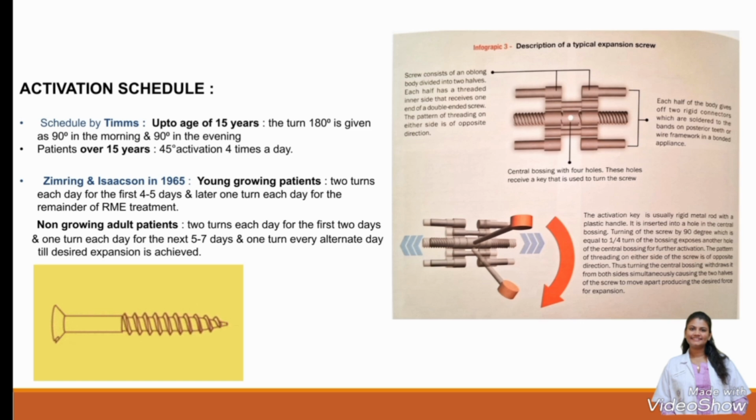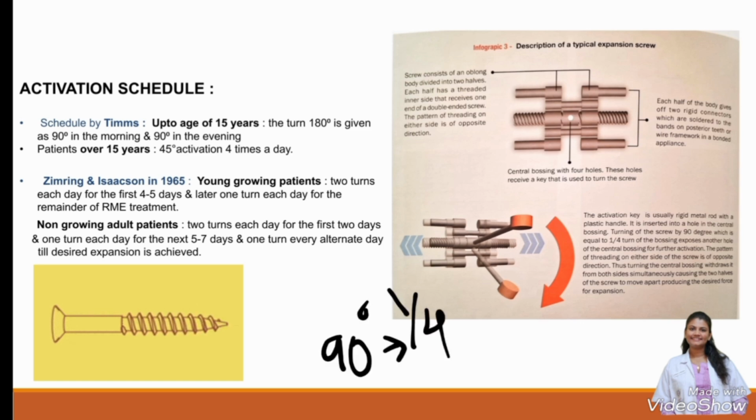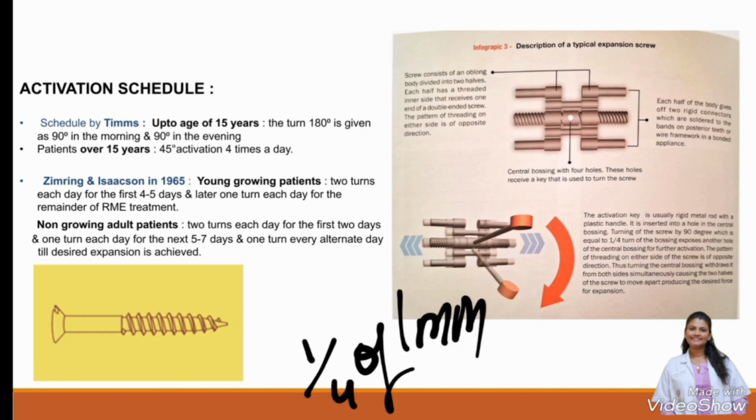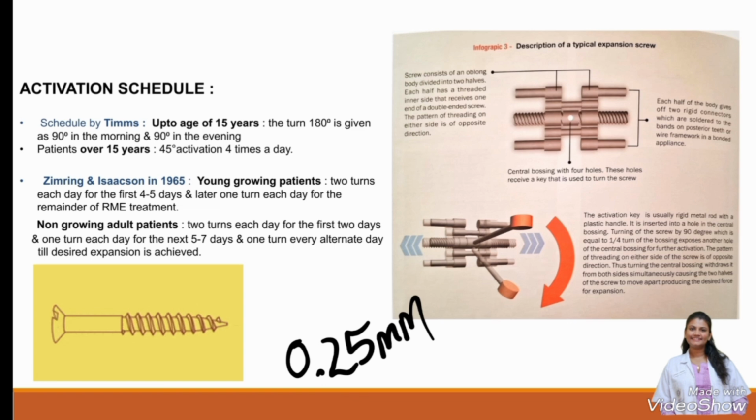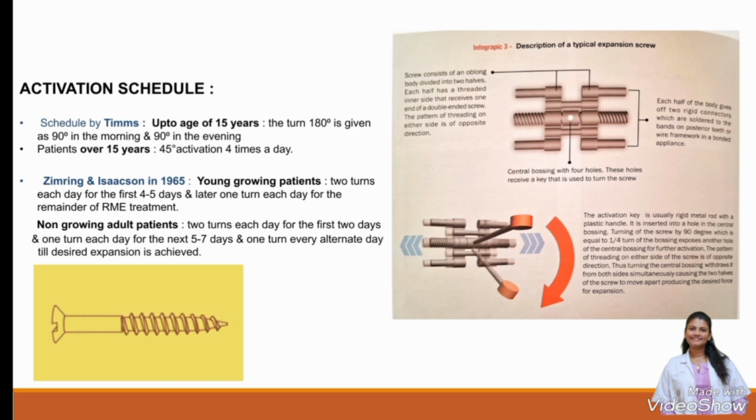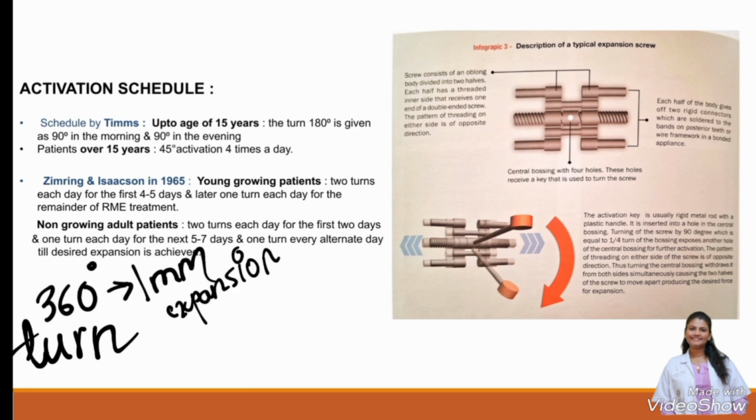If I give a 90 degree turn to the screw, how much expansion will be achieved? 0.25 mm. If a screw is given a 90 degree turn, it will give 0.25 mm expansion. So if the screw is given 4 turns, which is 360 degrees, it will give a whole 1 mm expansion.